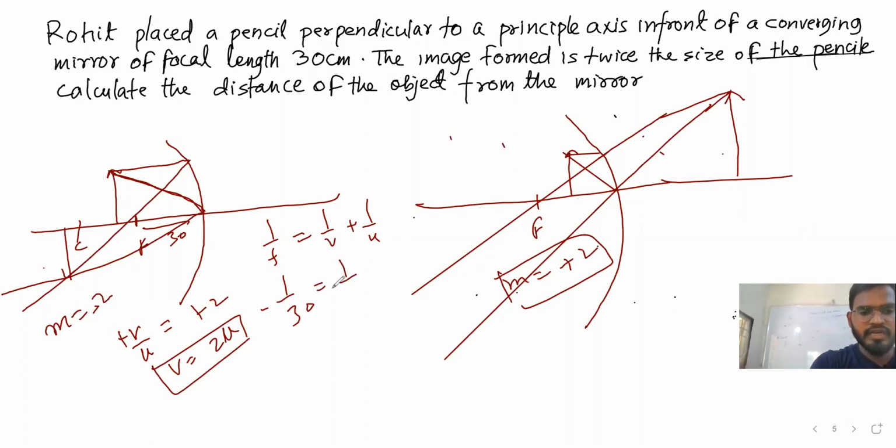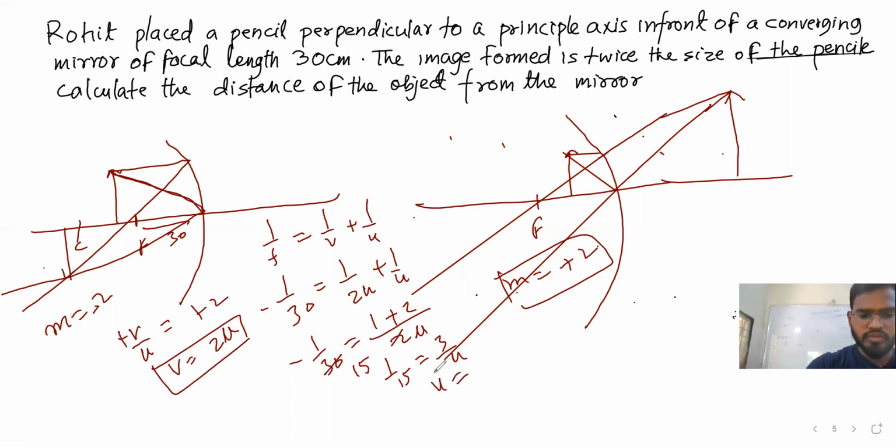So minus 1 by 30 is equal to 1 by 2U plus 1 by U, so 2U you can take, and that is going to be 3 by 2U, which gives minus 1 by 15 is equal to 3 by U. So U is equal to minus 45 centimeter.